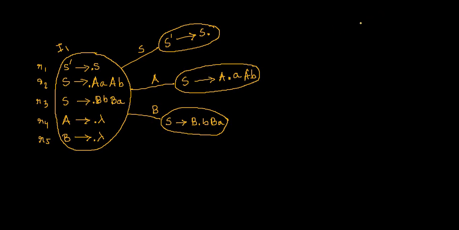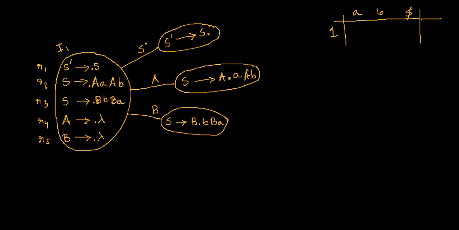So if you draw the corresponding table for I1, that means first row, and I have a, b, and dollar, and maybe some part will be there in the goto. I'm not interested in that part, because this part will not lead to any conflict.